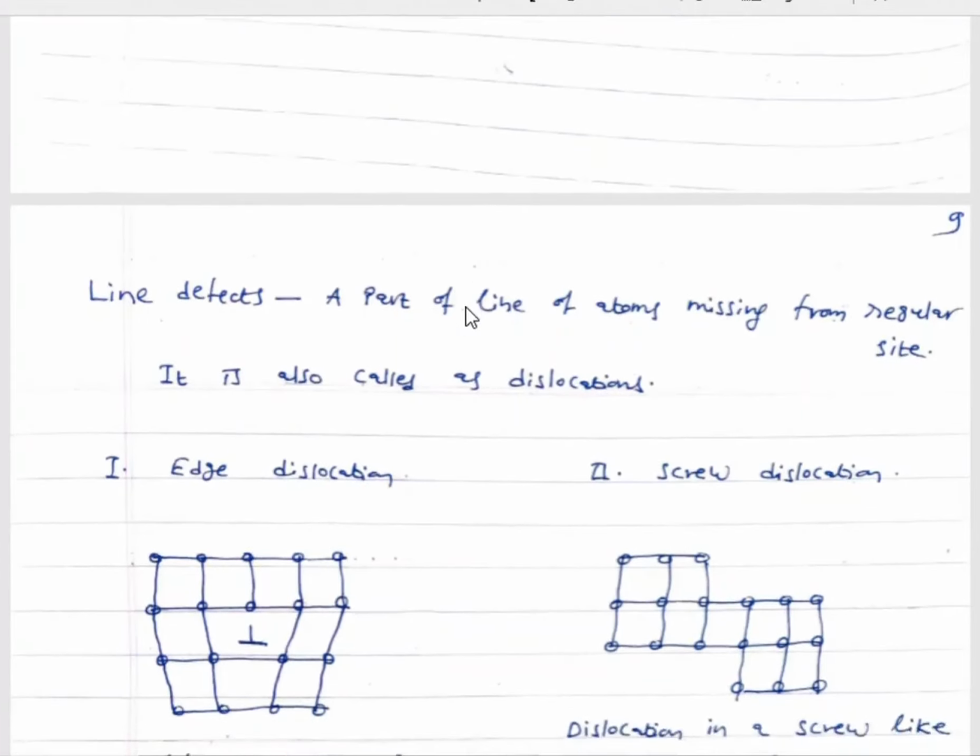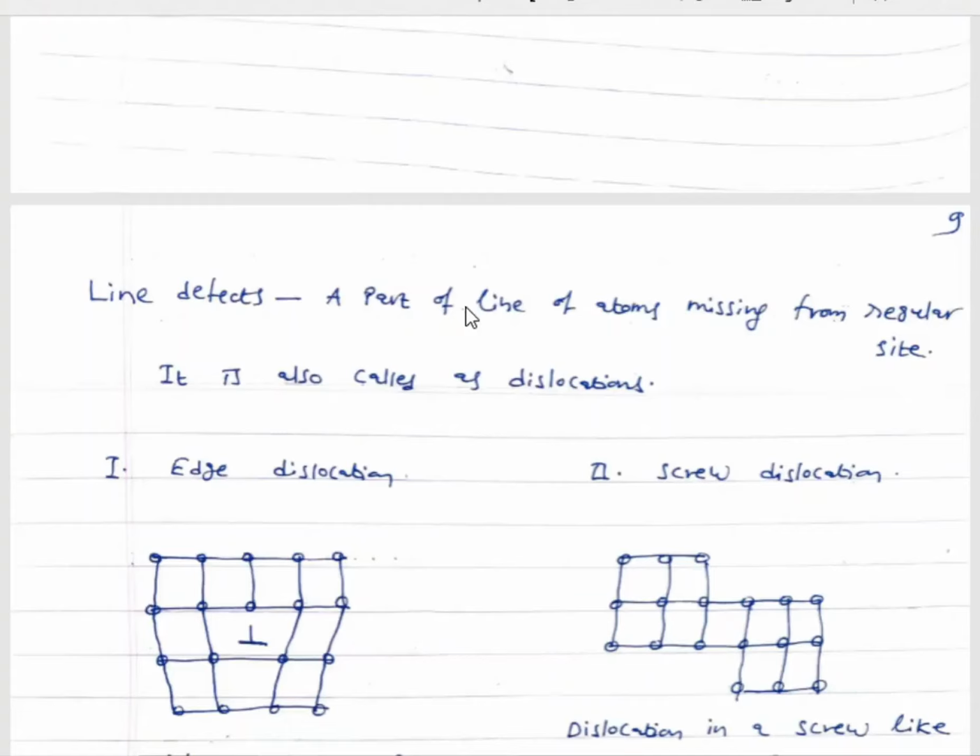They have been given such names because, as you may see in the diagram, in edge dislocation an incomplete edge has been shown. There is an incomplete atomic plane below a particular line, so the defect is lying along an edge.